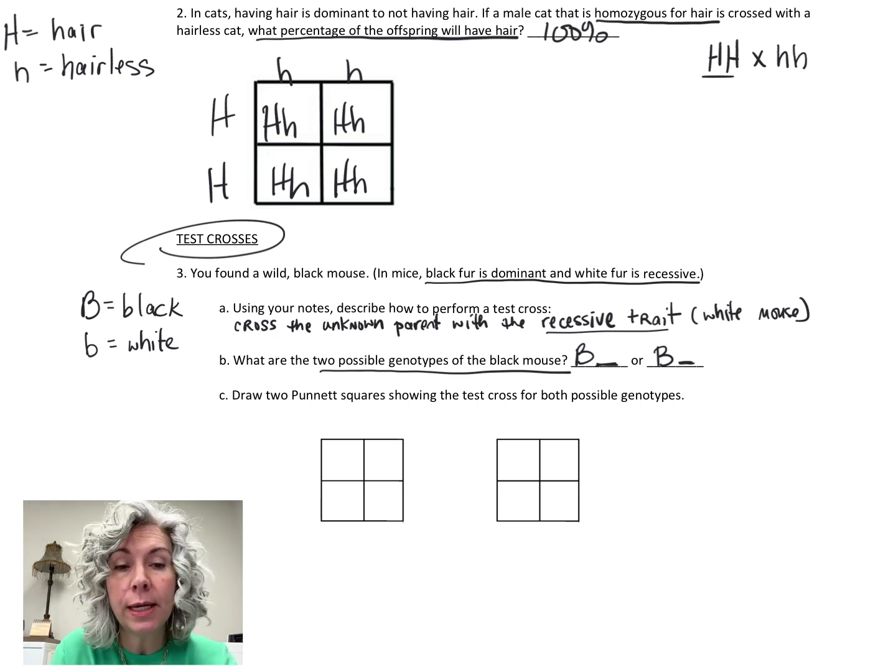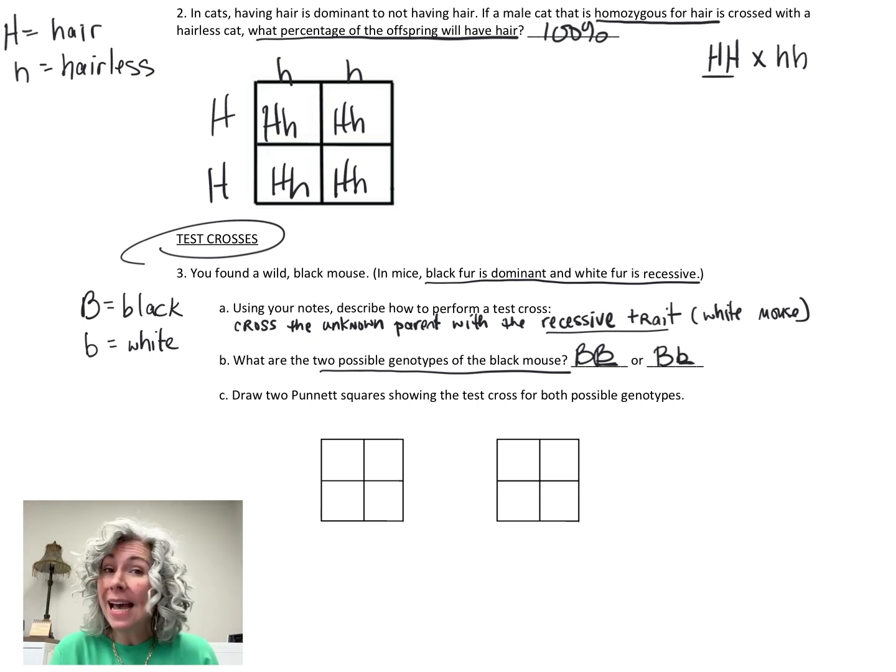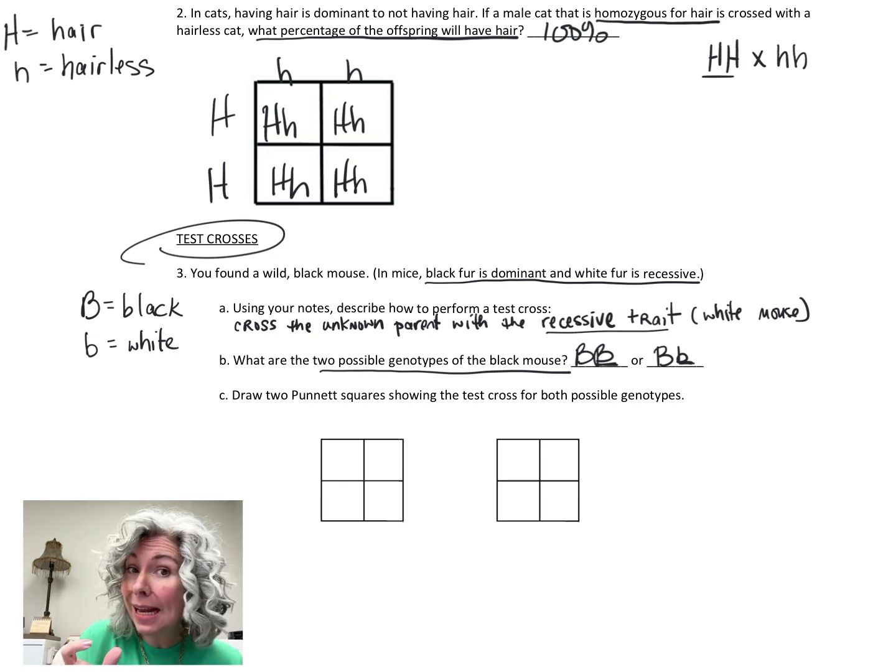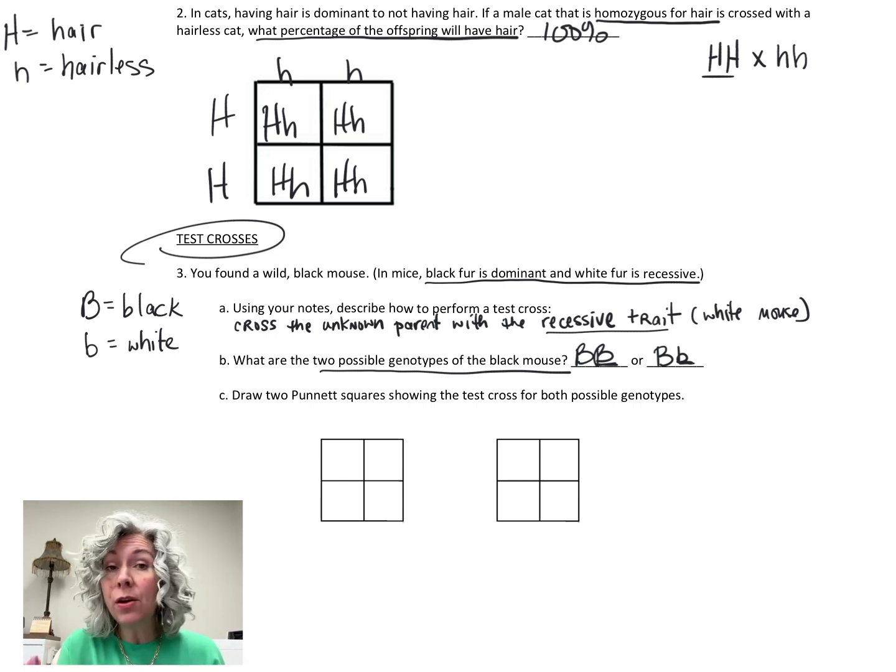Well, it could be homozygous. Sometimes we would call this a purebred or a true bred form of that trait. So it could be homozygous, capital B, or it could be hiding that little b. It could be hiding that white trait. It still looks black on the surface, but it could be carrying the white trait because remember, the black color is dominant. So there's our 2 possible genotypes.